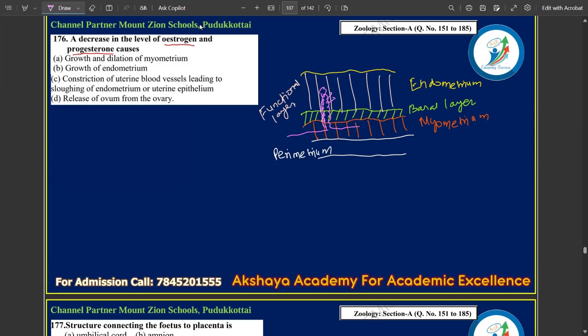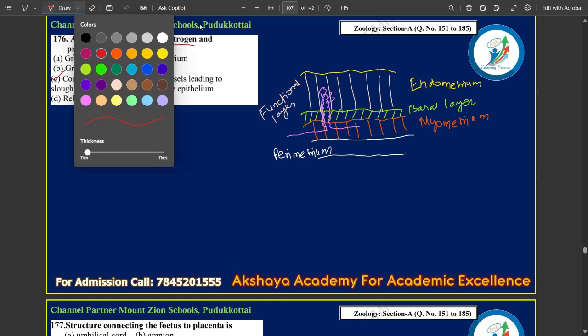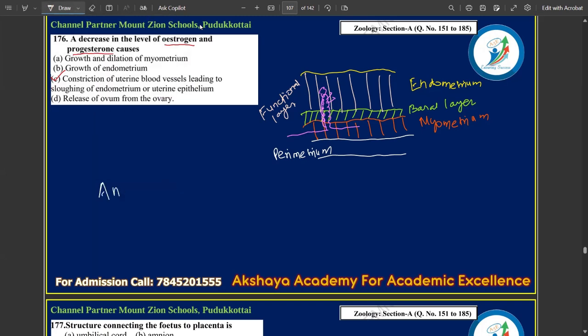As they are getting constricted, the endometrium cells are not getting the required oxygen and nutrients, so they slough out. So here the right option will be constriction of uterine blood vessels leading to sloughing of endometrium or uterine epithelium. So the answer is C.